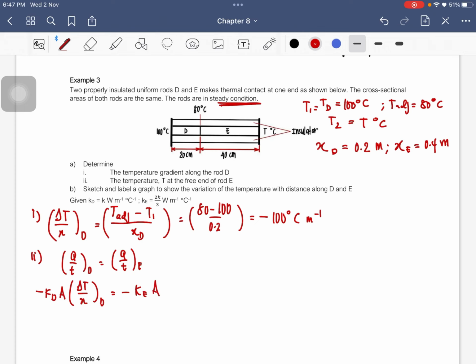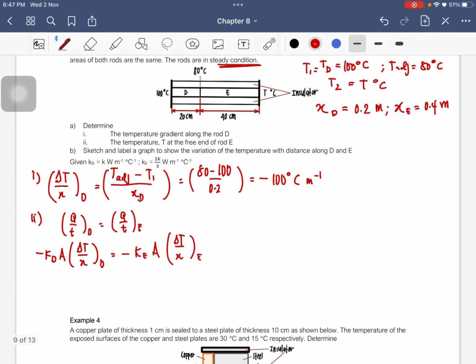If you want to remove the negative now, it's entirely up to you, but I'll always just keep it there because at the time of substituting numbers and simplifying, then we cancel. So we can cancel this, and then we have the value of that temperature gradient for D.